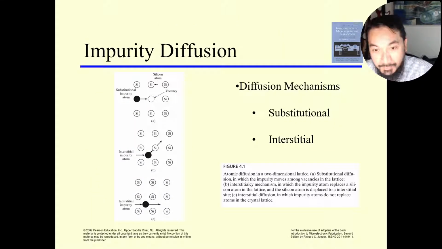If you remember correctly, in chapter 3, we have done thermal oxidation. The process involves heating up a silicon wafer inside an oxygen environment at very high temperature, and the oxygen will react with the silicon, producing silicon oxide on the surface of the wafer.